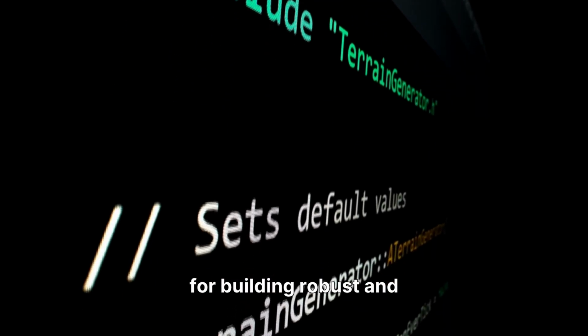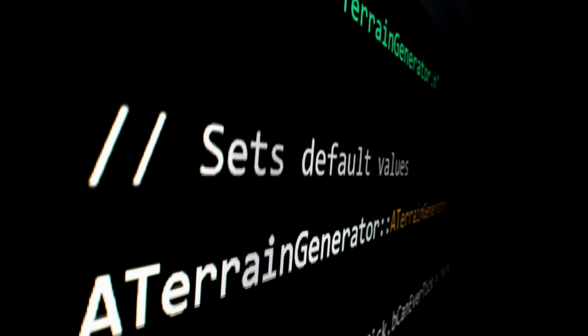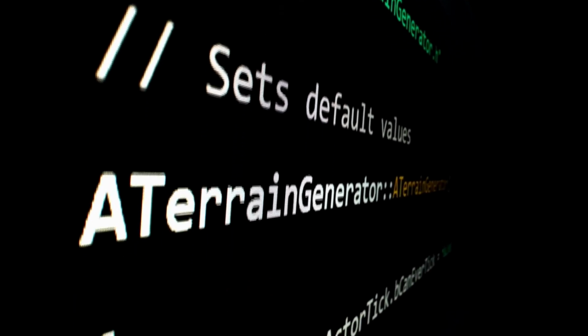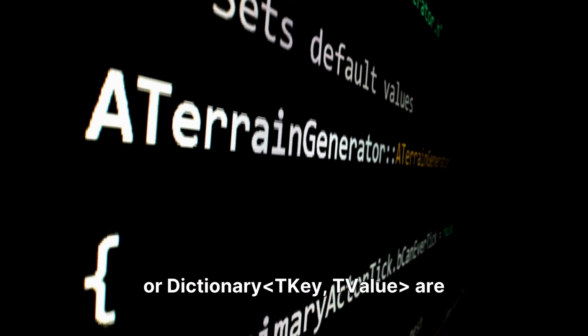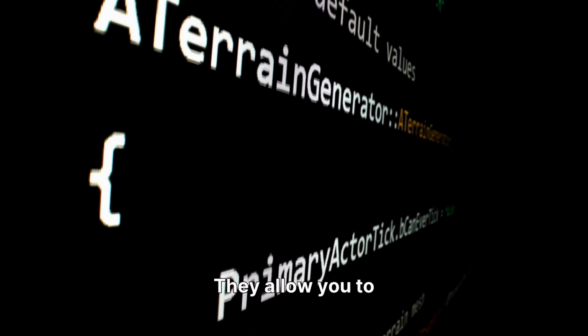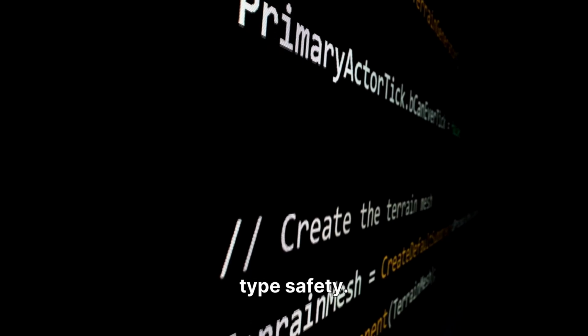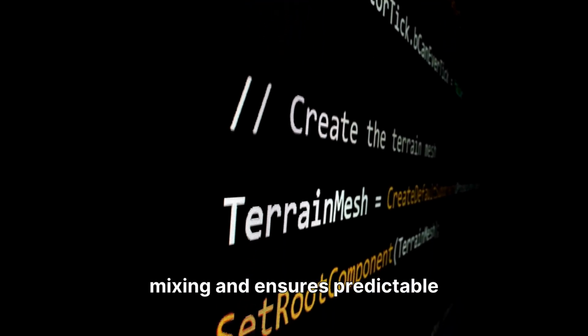Generic classes are indispensable for building robust and flexible data structures. Common collections like List<T> or Dictionary<TKey, TValue> are generic. They allow you to store and manage elements of any specified type, from primitives to complex objects, while rigorously enforcing type safety. This prevents accidental type mixing and ensures predictable behavior.